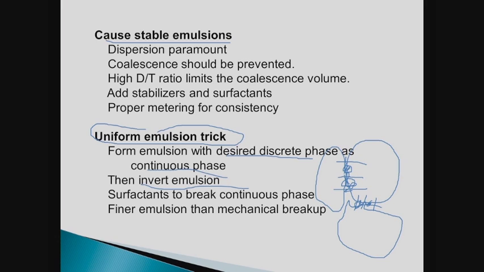As a result, you have uniform drops produced that way. So the idea of spreading out liquid in the liquid sheets between two drops and then having them break will give you an emulsion. And it says here, finer emulsion than mechanical.